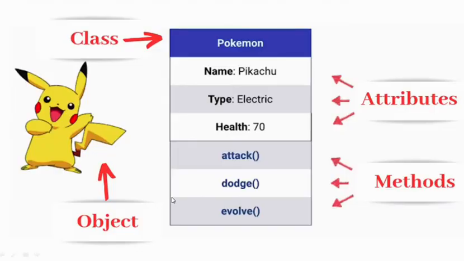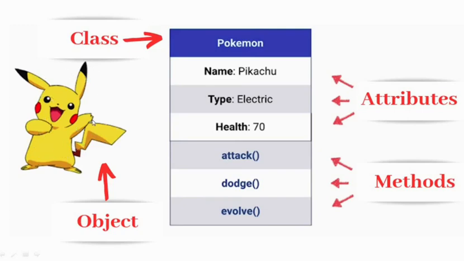Okay students, so let's look at all these things together with a very funny, cartoony example. For example, Pokemon is a class. Okay, Pokemon is also a class. Now this Pokemon, this is Pikachu.